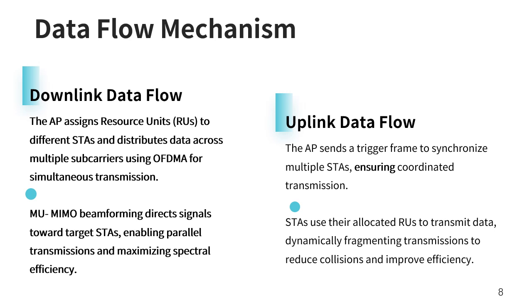For the uplink data flow, the AP first sends a trigger frame to synchronize the STA transmissions, and the STA uses a random access mechanism to transmit data dynamically to minimize collisions, which ensures scalability, high efficiency, and data uploads across devices in the same channel.